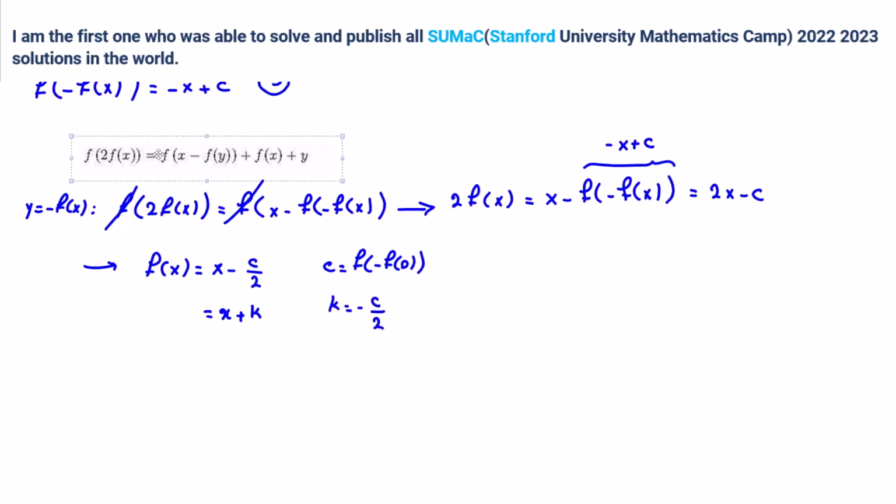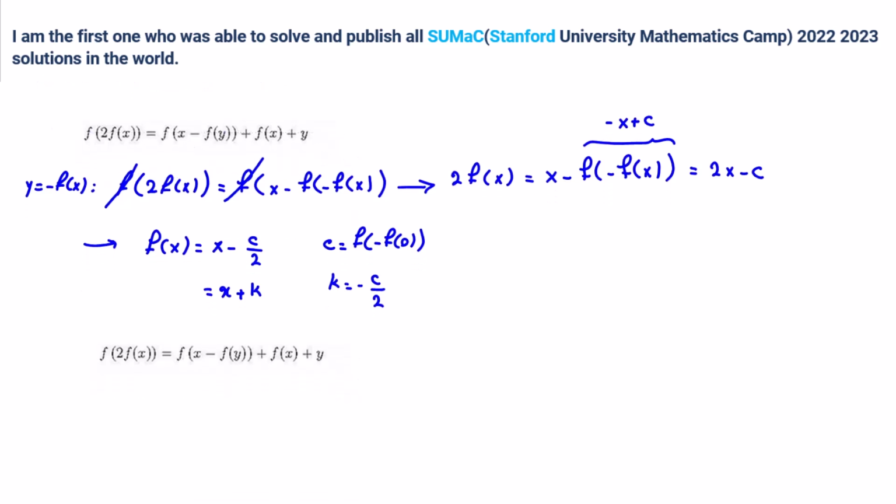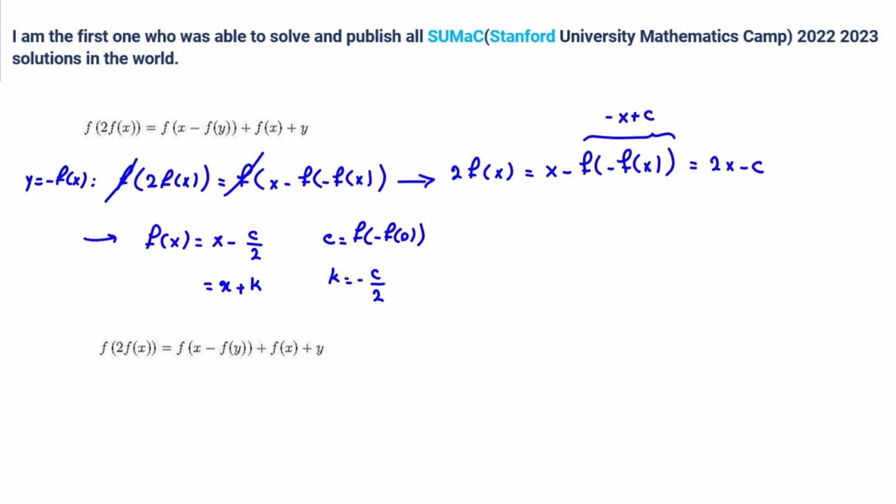Now let's rewrite this. In terms of x and k, the left hand side would be f of 2x plus 2k. Let's say it is x plus k, and then f of this is the thing inside, 2x plus 2k plus k, 2x plus 3k, right?